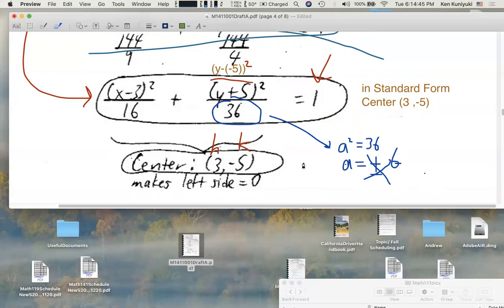And this indicates, now because that a squared is the larger denominator, that we have a y long or vertical ellipse. We have a y long or vertical ellipse because the denominator here is bigger.